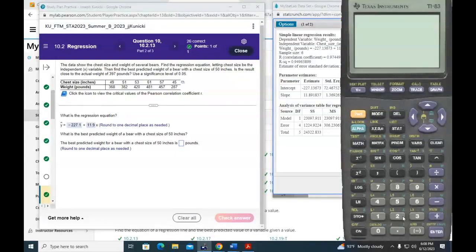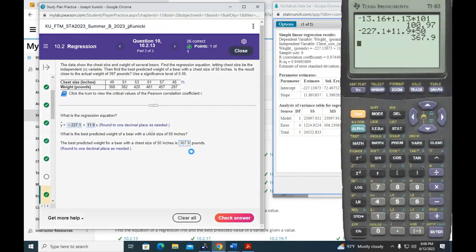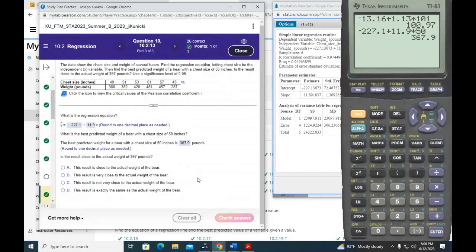So it'll be negative 227.1 plus 11.9 times 50. 367.9. So the question then becomes, how close is it to the actual weight? Is it close enough? Now, once again, is it within 5%? So you take the difference.